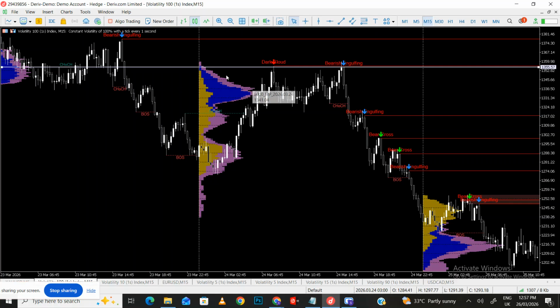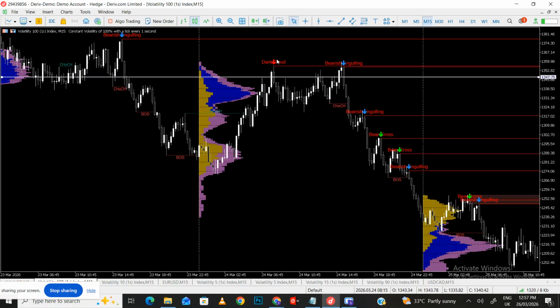Now, when you see something like that, you are waiting for this arrow indicator, especially the indicator that is called dark cloud. This one, you can see my cursor around it. It is called dark cloud.